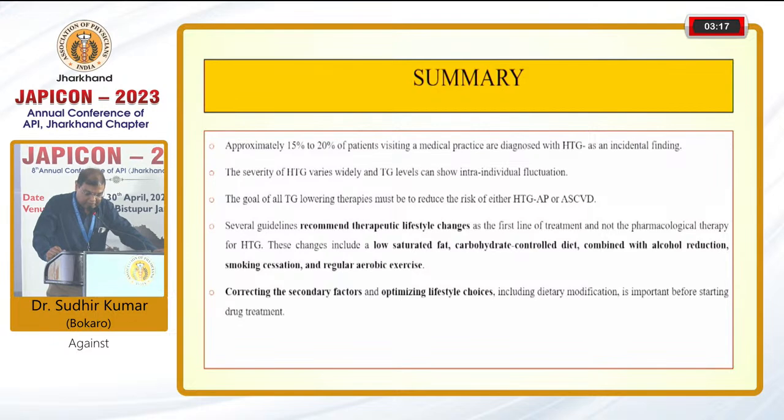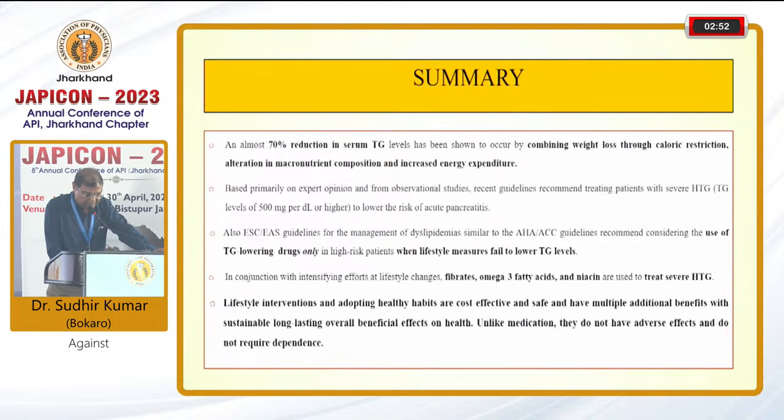Several guidelines recommend therapeutic lifestyle changes as first-line treatment, not pharmacological therapy. These changes include a low saturated fat, carbohydrate-controlled diet combined with alcohol reduction, smoking cessation, and regular aerobic exercise, correcting the secondary factors and optimizing lifestyle choices, including dietary modifications, is important before starting drug treatment.